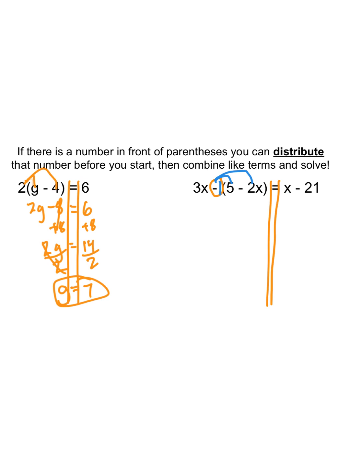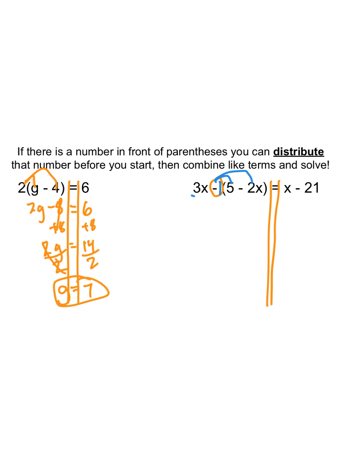Okay, so basically I want to take that minus and apply it to both. Just like last chapter when we were adding and subtracting polynomials, we were applying the minus to both of the things inside of the parenthesis. That's what we're doing for this too, but I want you to kind of pretend like there's a negative 1 there.